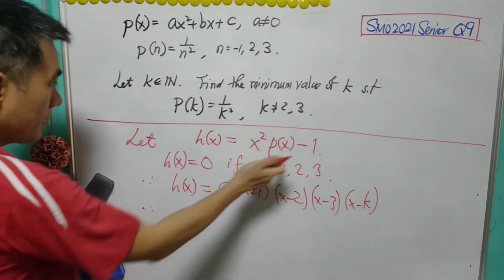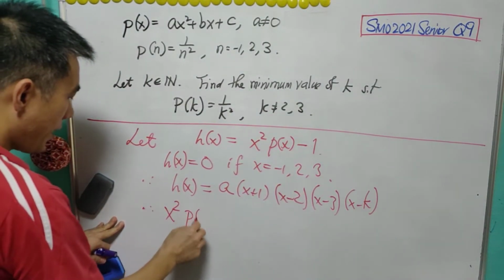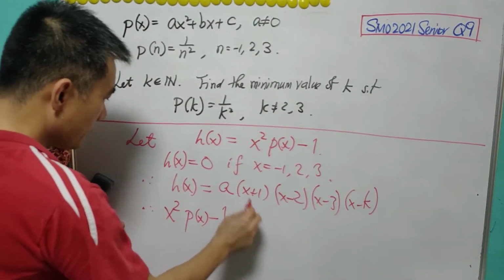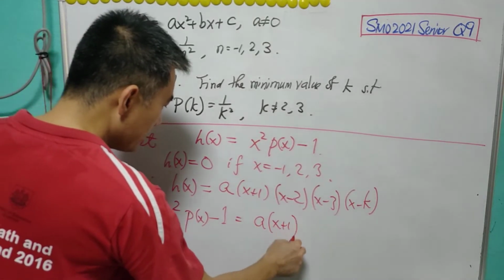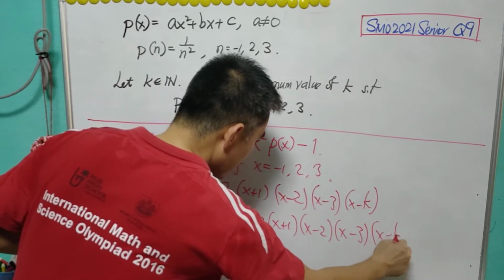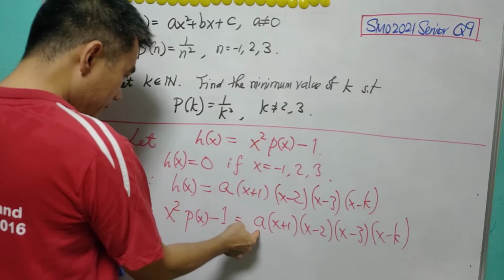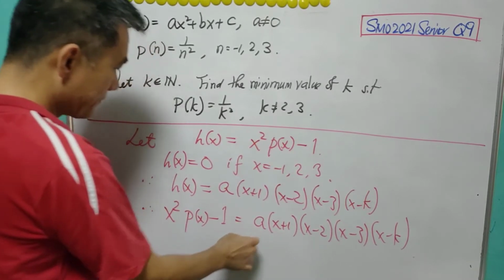So now we can write x squared P(x) minus 1 equals a(x plus 1)(x minus 2)(x minus 3)(x minus k). Just now we used the leading coefficient to get this equal to a.